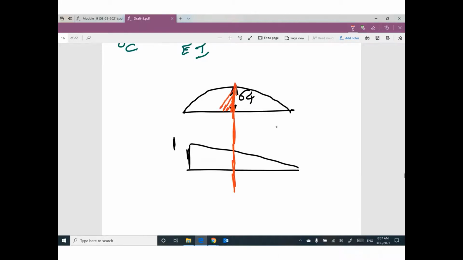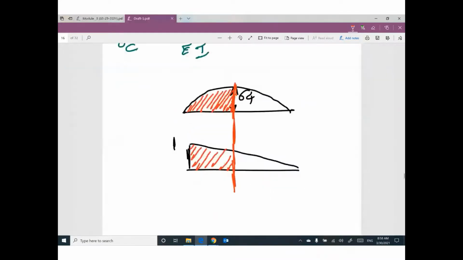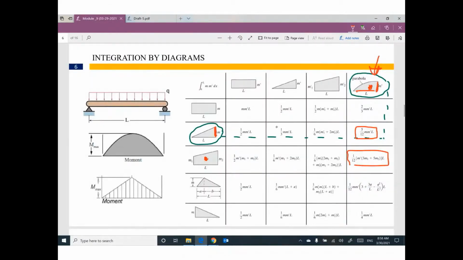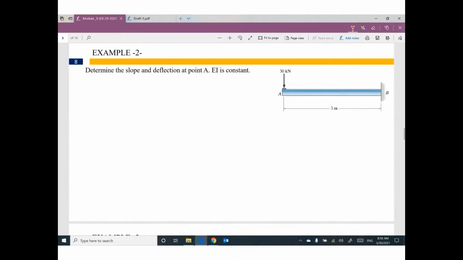So we have this parabola by this trapezoid, so you will use this one. And then you have this half of parabola with this triangle, so I can use this half of parabola by this triangle, which is this one. That makes sense?